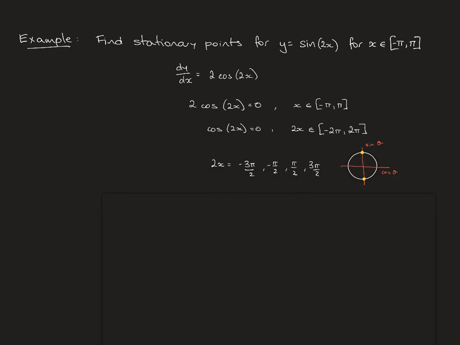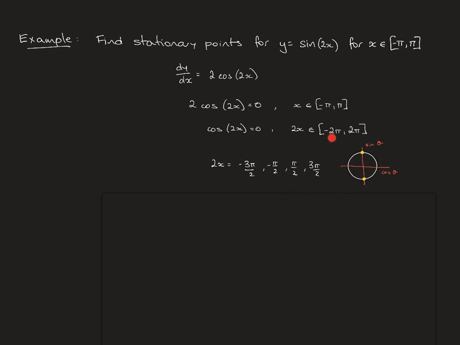On the unit circle, our cos axis is our x-axis, and we want cos of 2x to be equal to 0, so our point needs to sit above the origin. We're after this angle here, which is pi on 2 from 0, and this angle here, which is minus pi on 2.